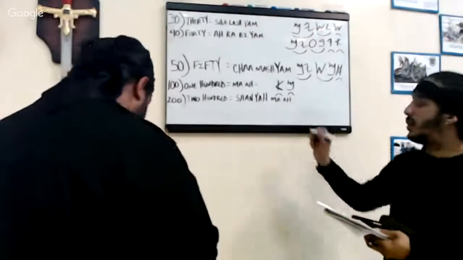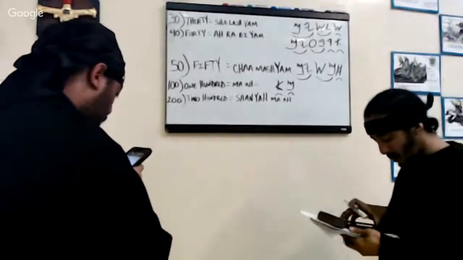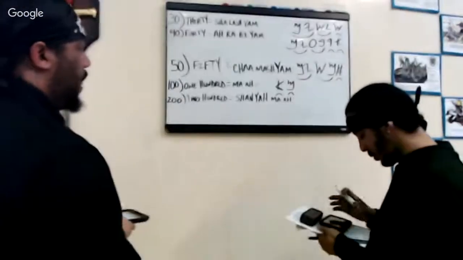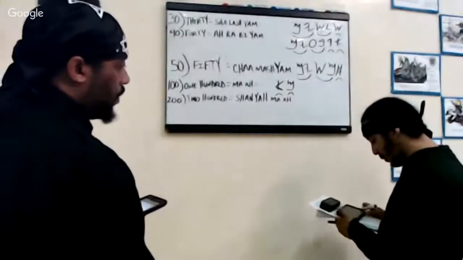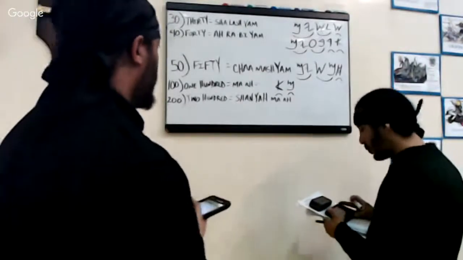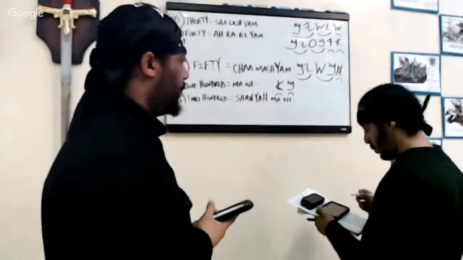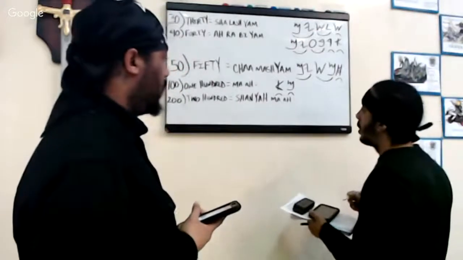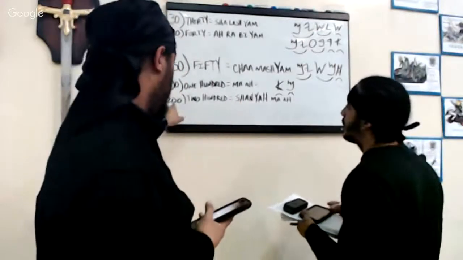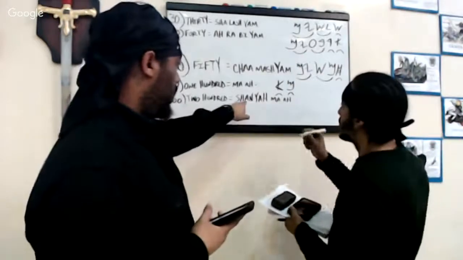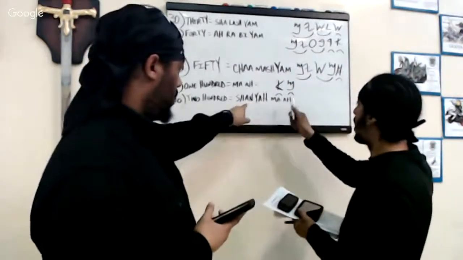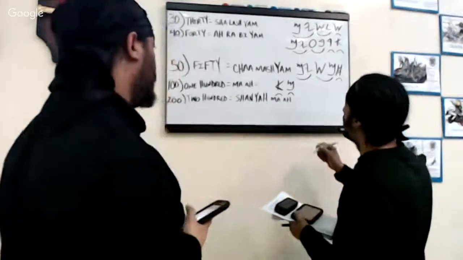Esrim. Why did we say im? Because it's more than one. Right, so 200 will be shnayim, ma'ah, what? No, plural. Yim. So say it again. Ma'atayim. Right, excellent.